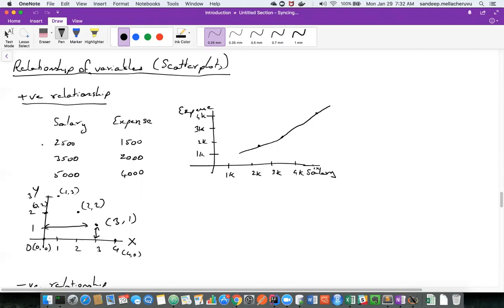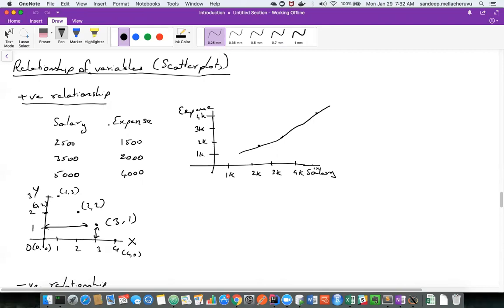Strength means basically how much it will increase. For example, when salary is increasing, will expense increase at that proportion of salary increase, or is it less than the proportion or greater than that proportion? How do you know?